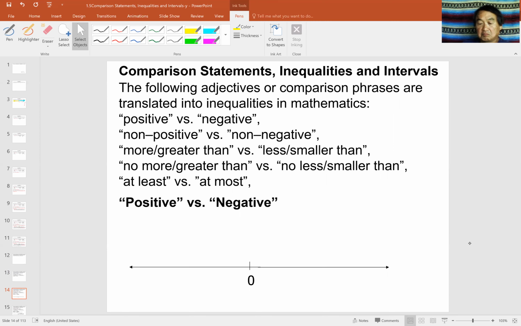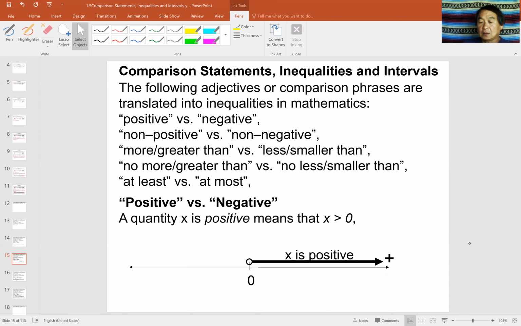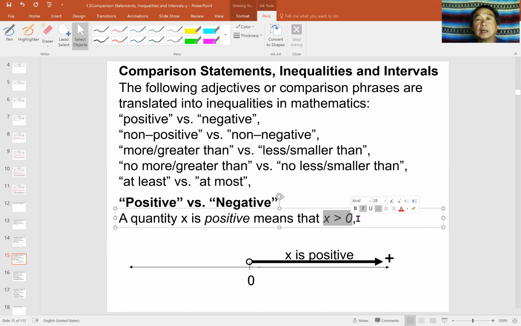Positive: x is bigger than 0. So this is the symbol for being positive. When mathematicians read a sentence saying something is positive, they immediately translate it into this symbol, x bigger than 0, or 0 less than x.